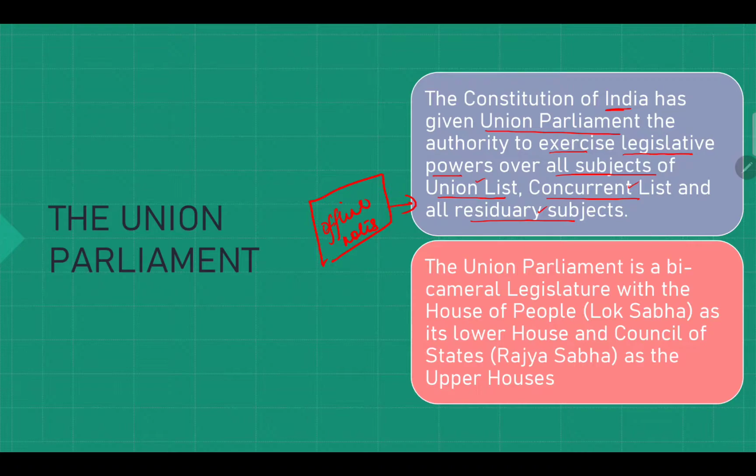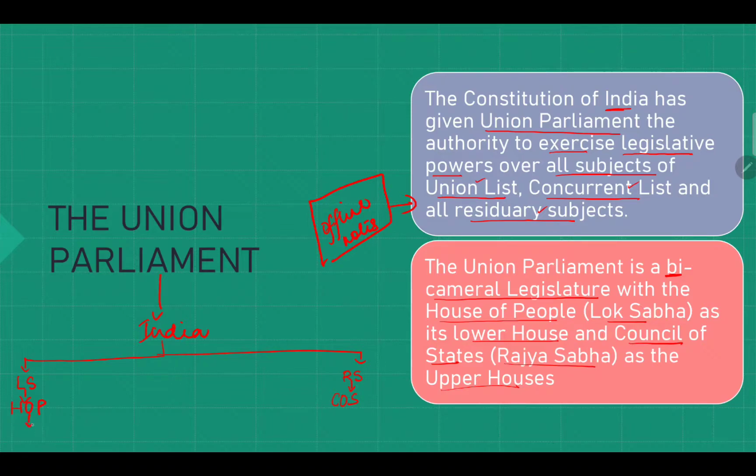So the Union Parliament of India is a bicameral legislature, with the House of People, that is Lok Sabha, as the lower house, and the Council of States, that is Rajya Sabha, as the upper house. It is very easy: Lok Sabha is the House of People, and Rajya Sabha is the Council of States.